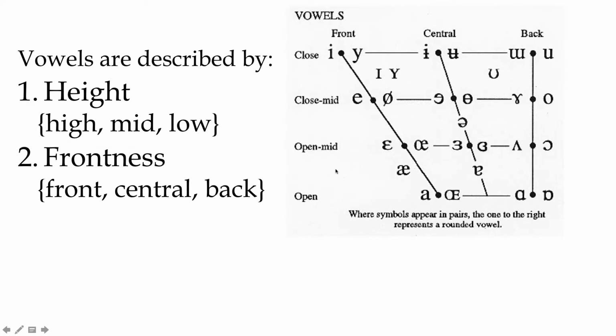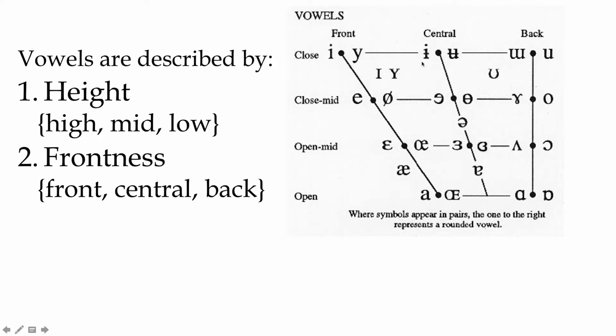Frontness is another category. These would be front vowels aligned here. These are the ones that are pronounced as far forward as your tongue can get. E, A. And then there's back vowels. U, O, A. And then there's the central vowels in the middle.